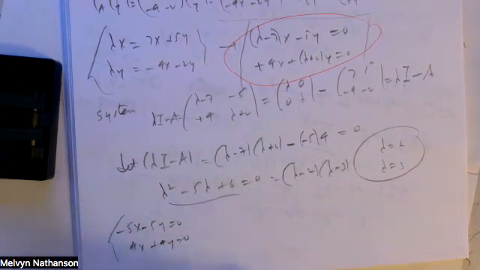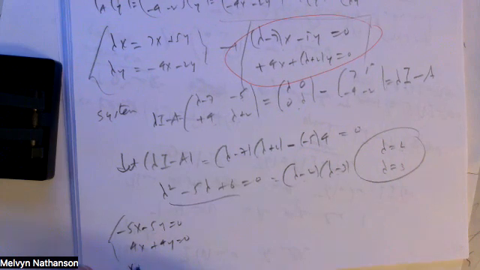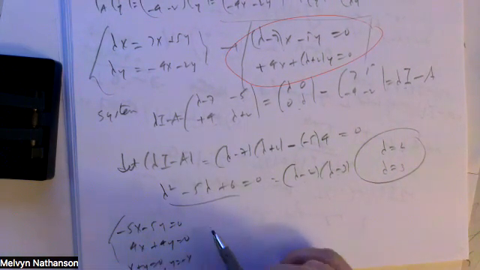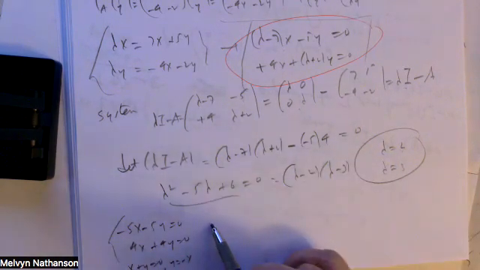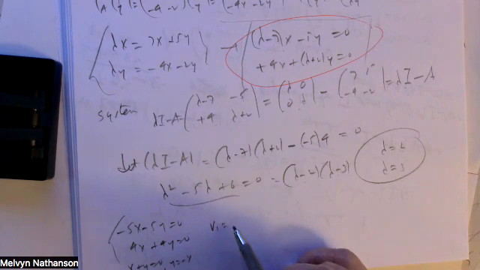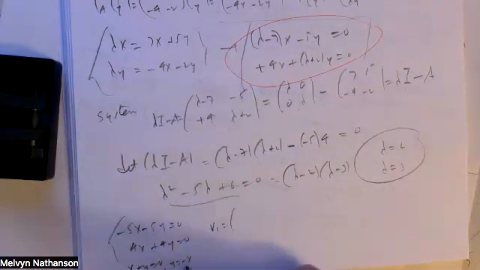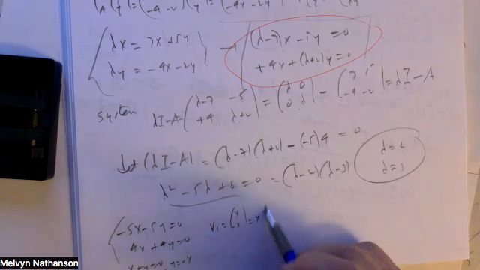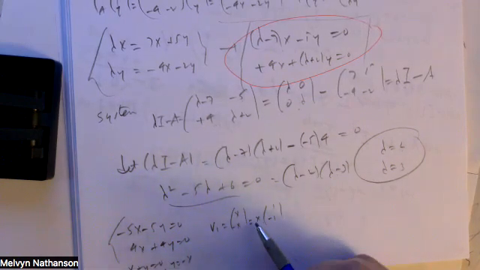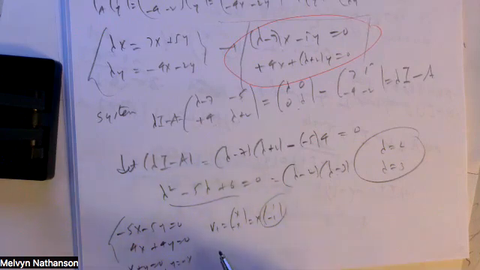These are basically the same equation, x plus y equals 0, or y equals minus x. So if I take the vector v1, whatever x is, y is minus that, x times 1, minus 1. So let me just take the vector 1, minus 1.